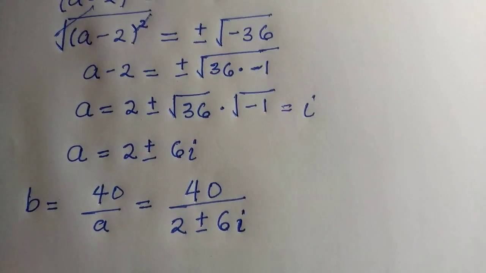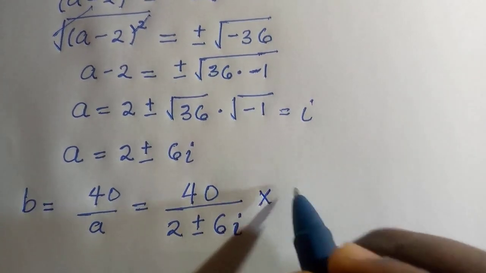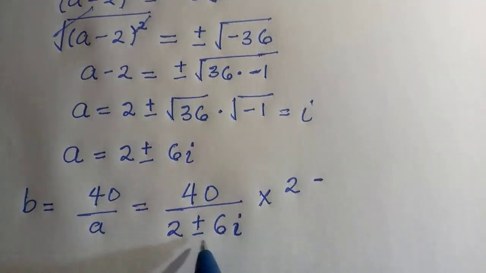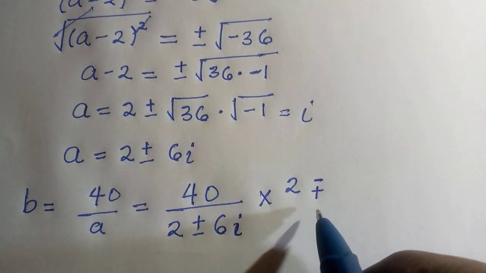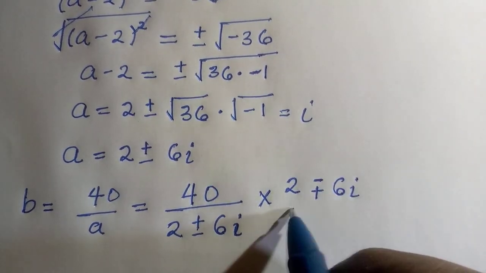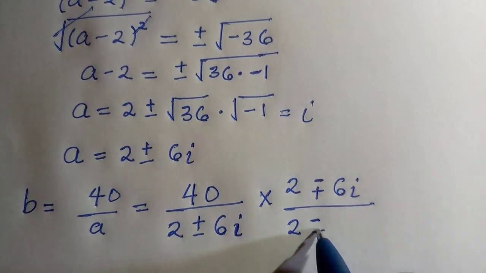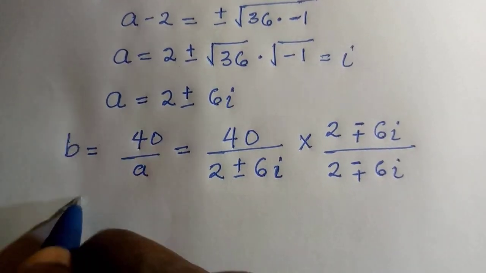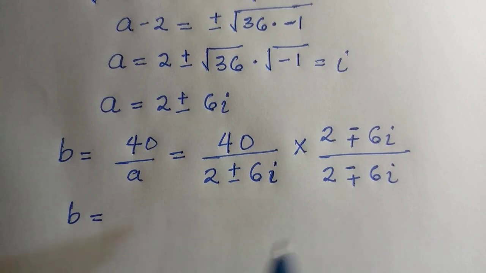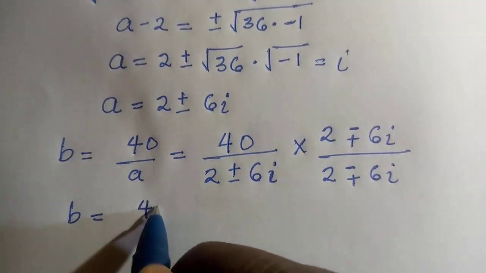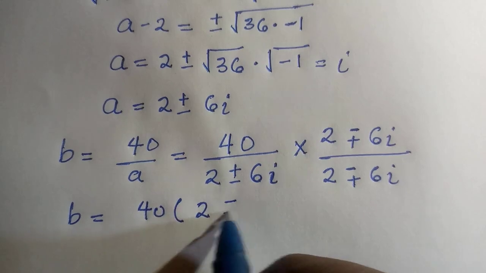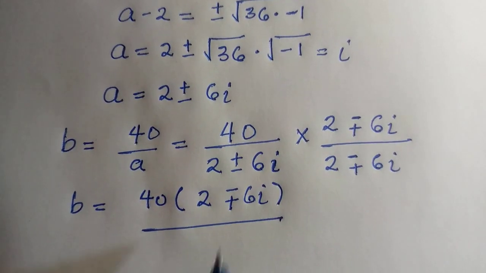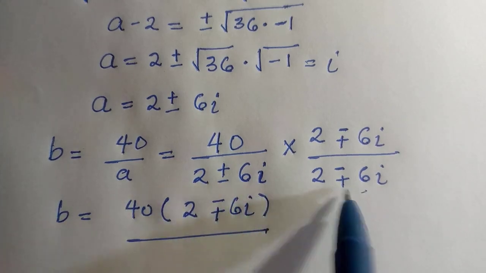The plus changes to minus, and the minus changes to plus, and we keep the 6i. So b equals 40 times (2 minus or plus 6i), divided by the product of the same numbers with different operations.